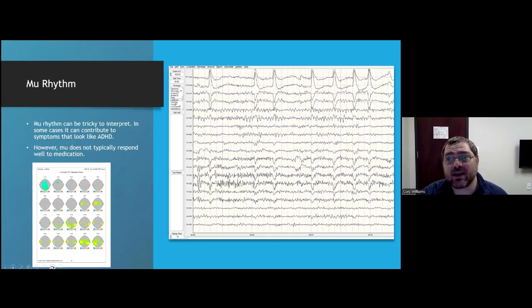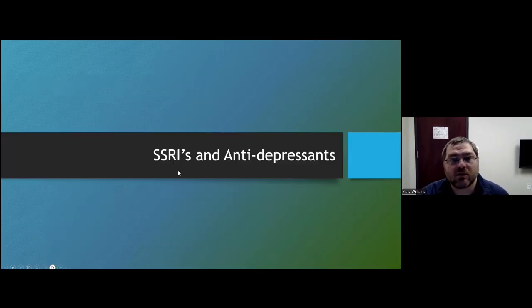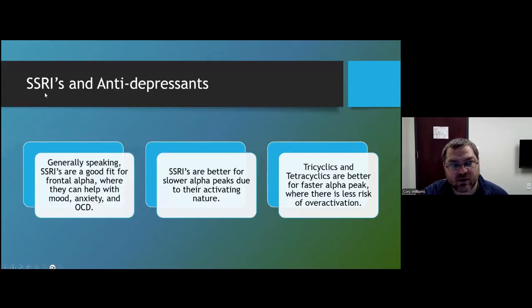So that's what we get for the ADHD cluster of symptoms. The next one that we see the most of: SSRIs and antidepressant class medications. SSRIs are typically used to treat depression, but also sometimes anxiety. They're sometimes used to treat OCD.